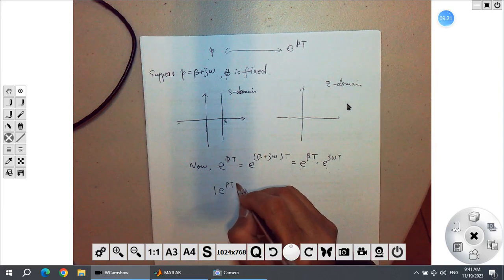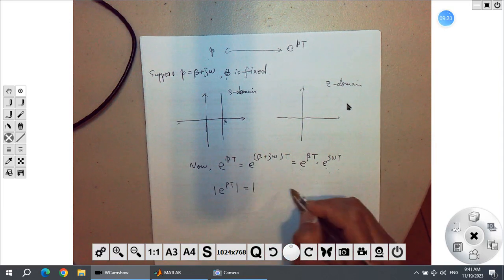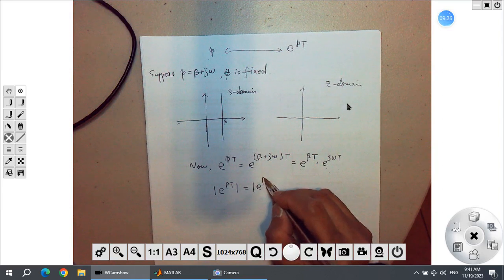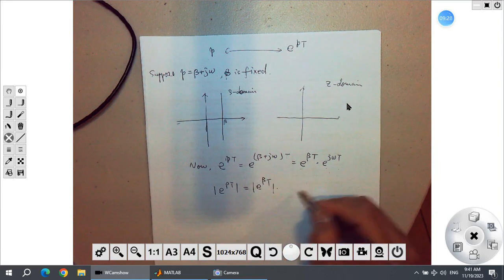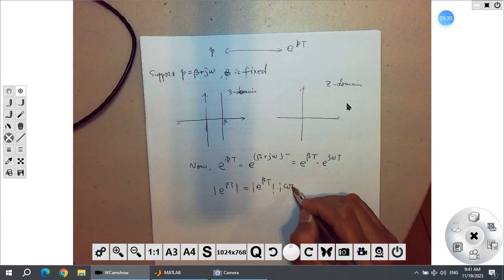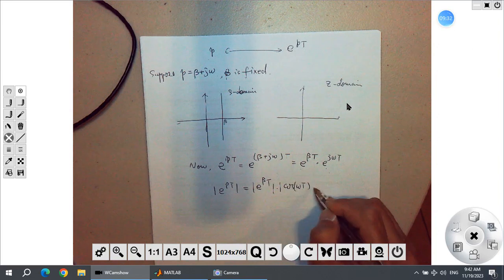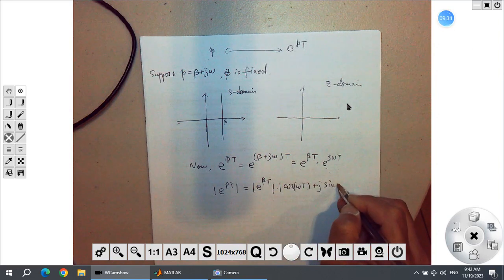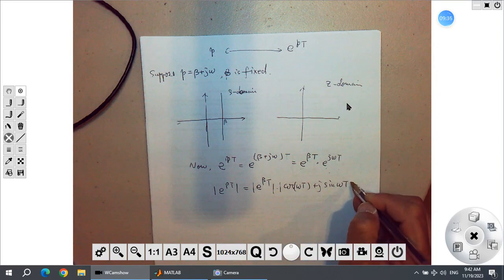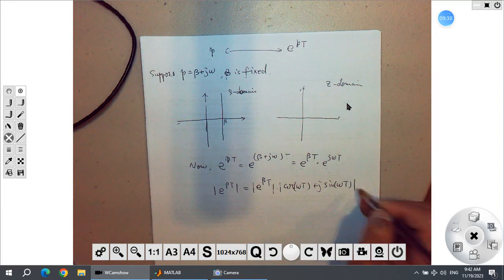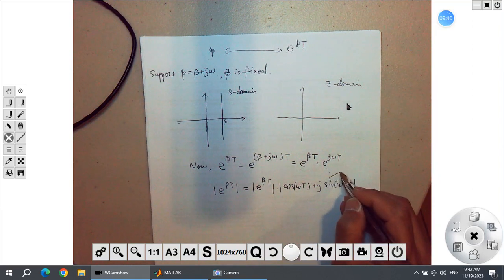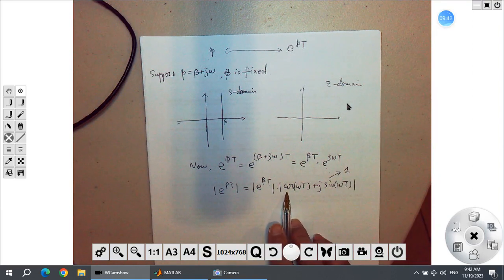The absolute value of e to the pt equals e to the beta t times the absolute value of cosine omega t plus j sine omega t. And this one is 1, right? Cosine squared plus sine squared, take the square root, you get 1.